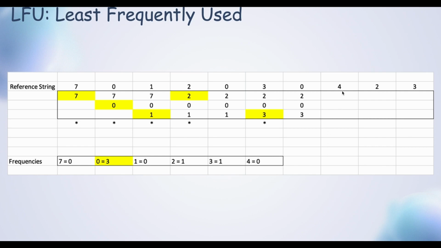And we demand 4. So we have 2 numbers with the same frequency, so we consider which one came to the cache first. In this case, it is 2. So we have to replace 2 by 4 like this, and it is a page fault, so I leave a star.